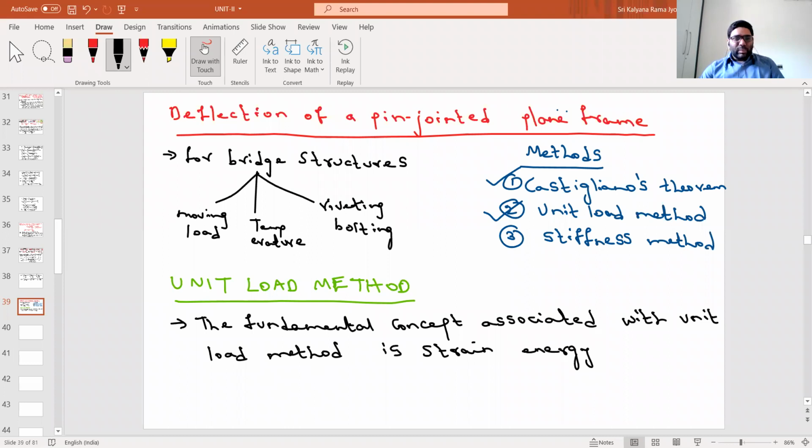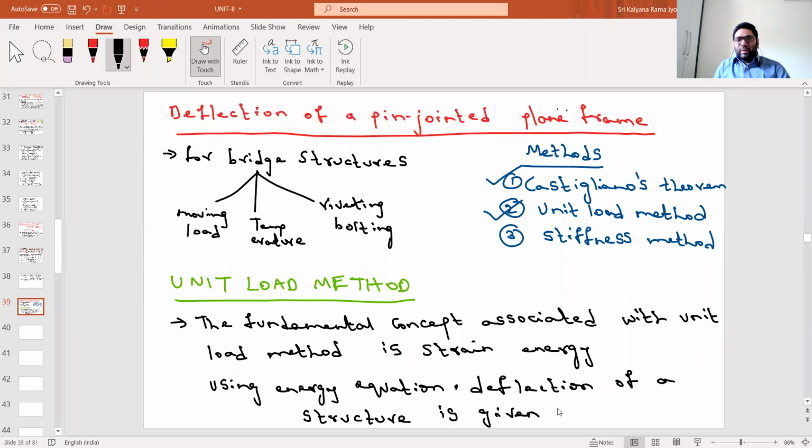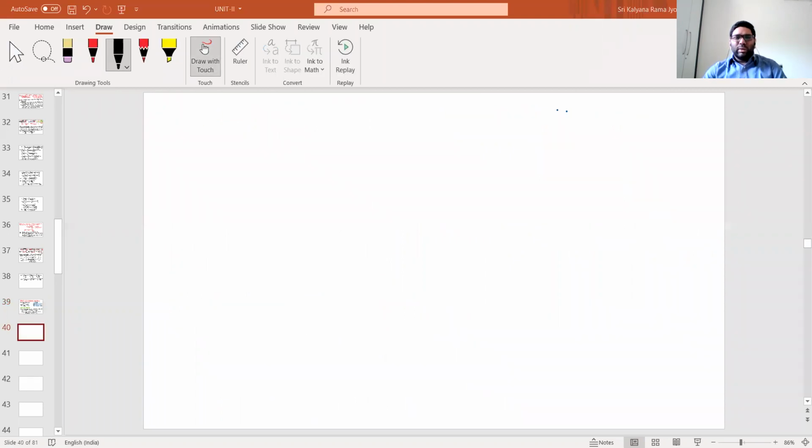So using the energy equation, the deflection of a structure is given by an expression: delta is equal to integral p dash e dv.